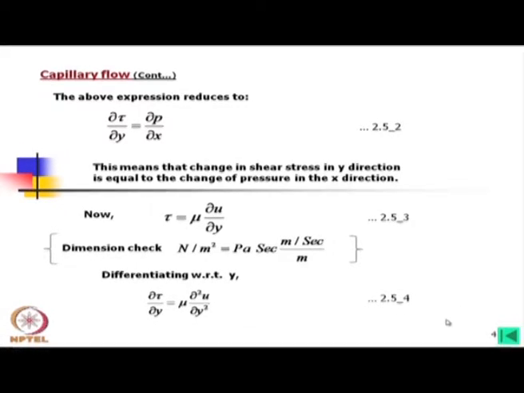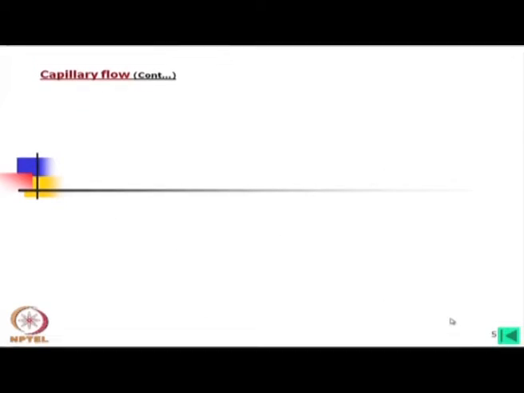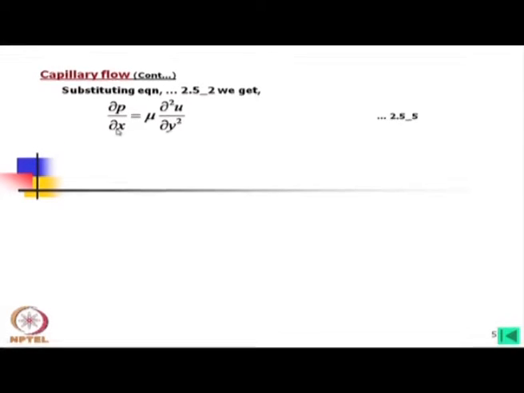Now, del tau by del y is equal to del p by del x. So, next we can write del p by del x is equal to mu del square u by del y square.